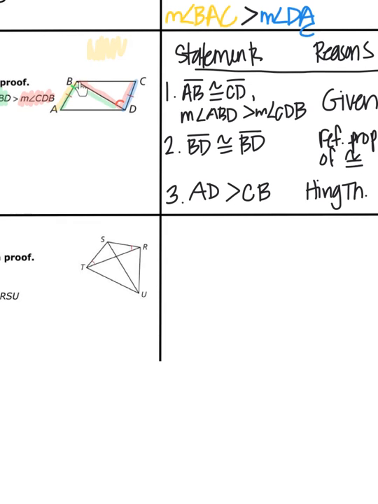We just had to prove that their other side around each of those angles, segment BD, was congruent in each of these triangles, and then we were allowed to say that the angle that they deemed was larger, ABD, the green one, was opposite the segment that is longer or larger. So the hinge theorem says that if we have these two sides and an included angle, the side opposite the larger angle is indeed the longer or larger side.